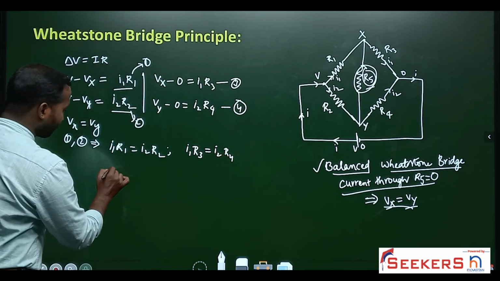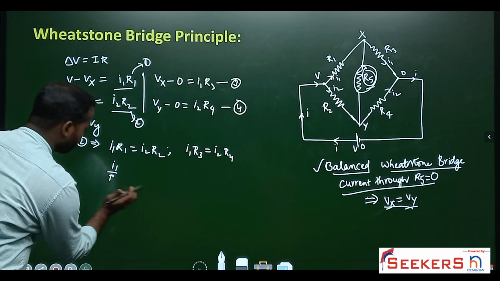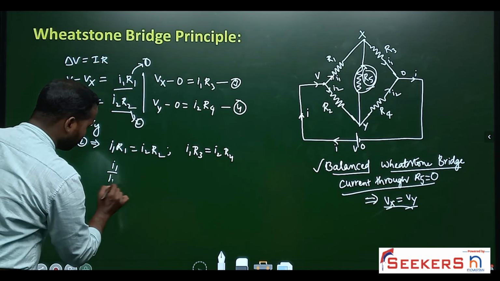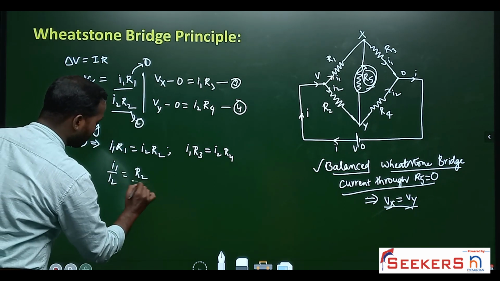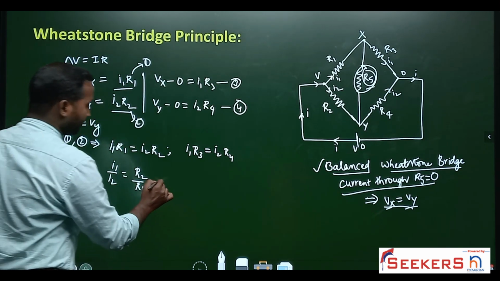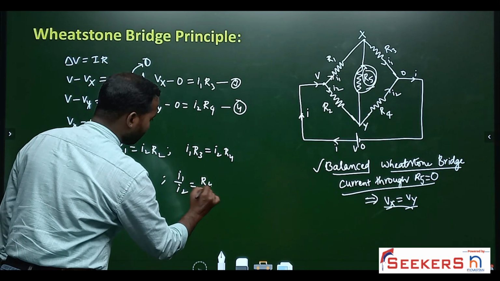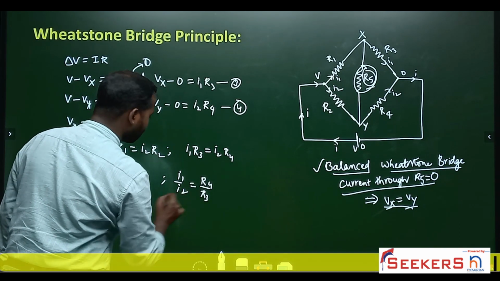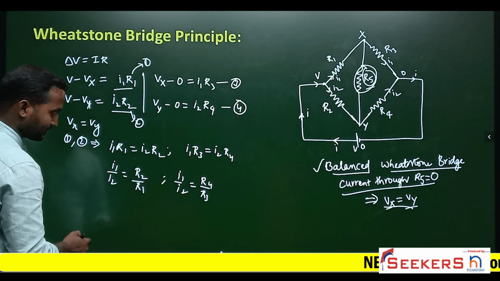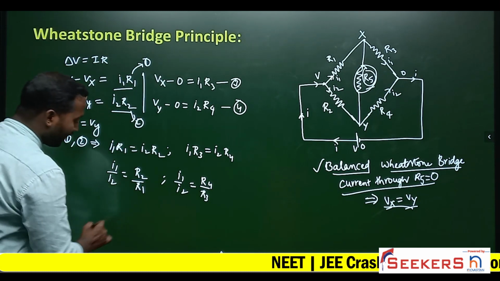So from this, what is I1 by I2? That is R2 by R1. Again, I1 by I2 is equal to R4 by R3, right? Now you can see that again the left hand sides are the same, so you can equate the right hand sides.